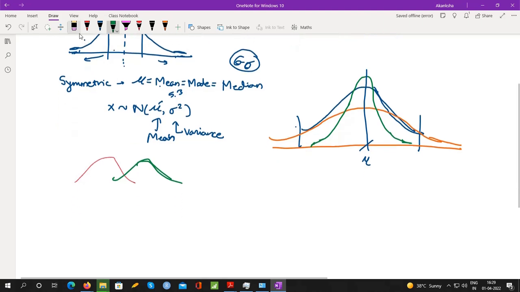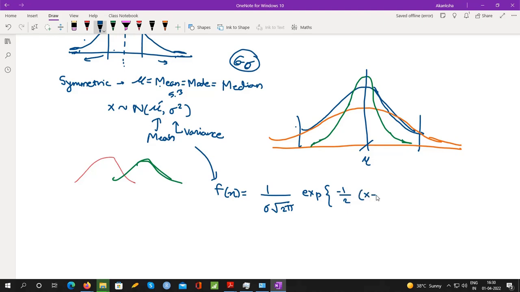Now, when I say it has normal distribution with mean mu and variance sigma square, then I can write the PDF, probability density function, as 1 upon sigma root 2 pi e raised to minus half x minus mu whole square upon sigma square.